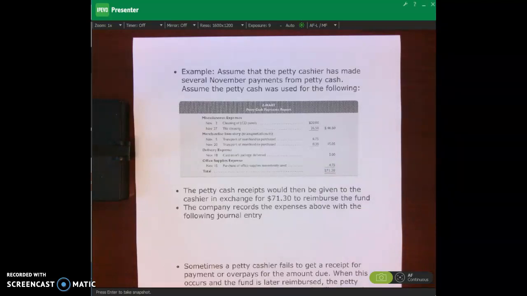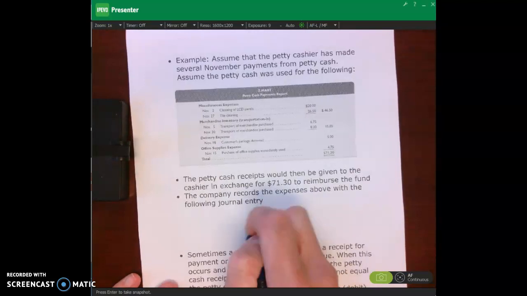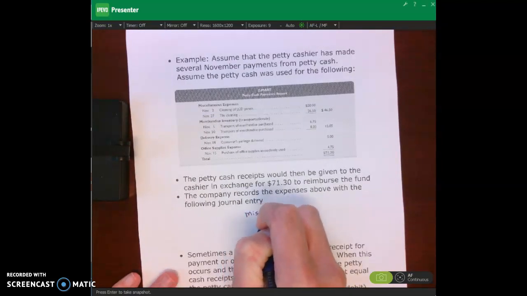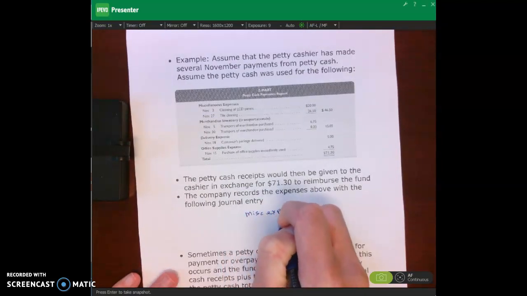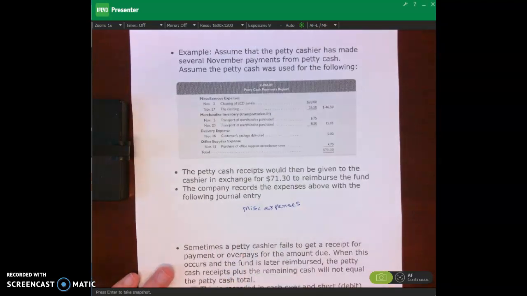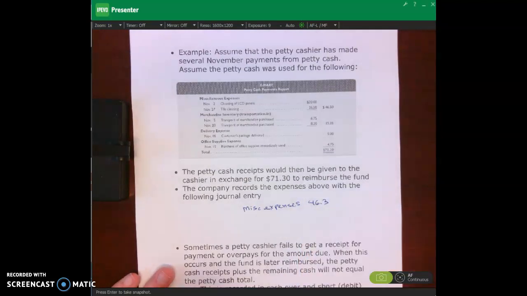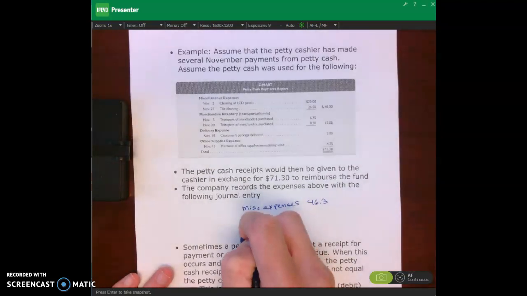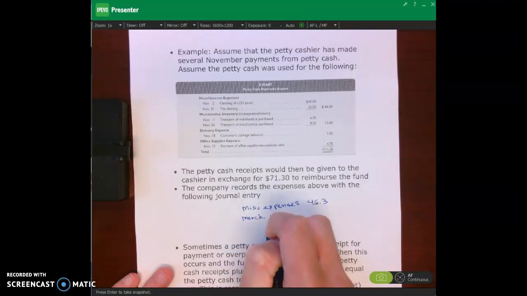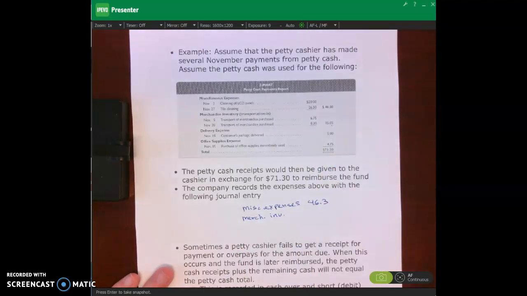So what we do in this case is we will debit miscellaneous expenses. I'm just abbreviating miscellaneous, MISC. So miscellaneous expenses debit, $46.50. And then we will debit merchandise inventory for the transportation in of $15.05.